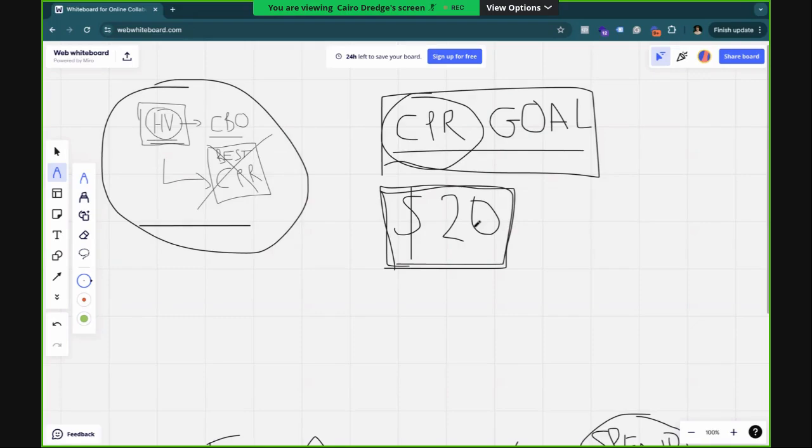However, there is another caveat to this. The caveat being that when it comes to CPR goals, there are two things that we want to consider. We do not want to just set this at the break even, because a CPR goal is an average goal.